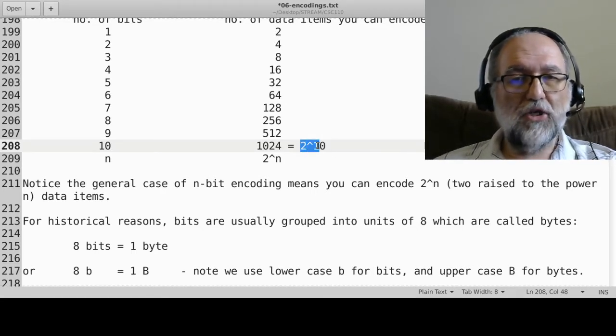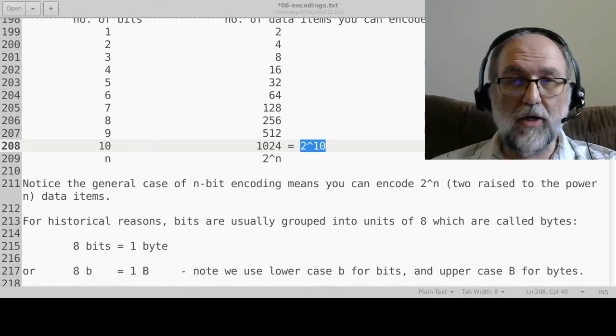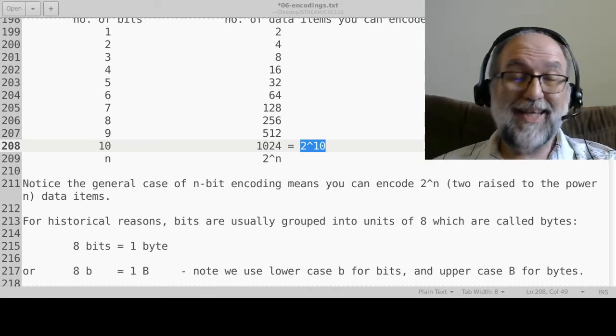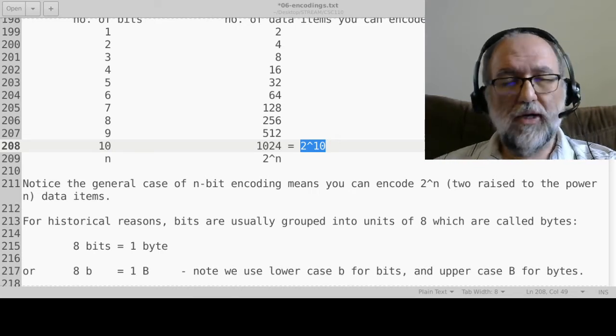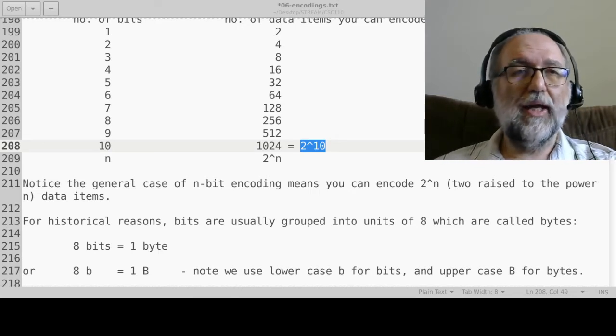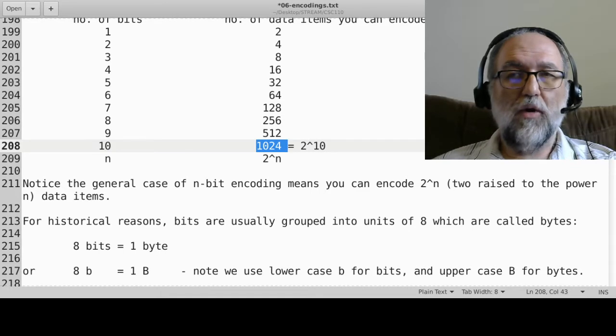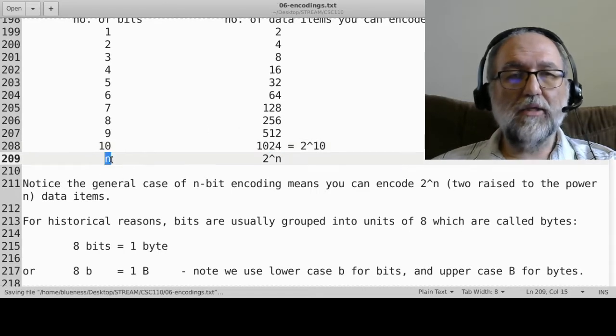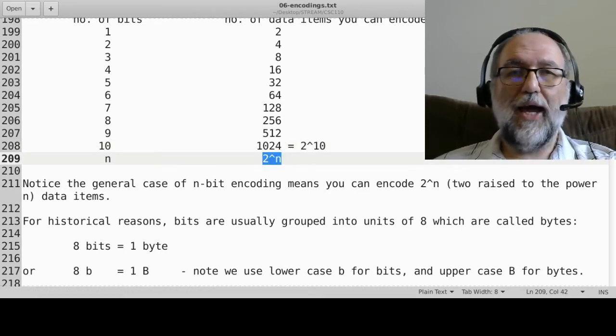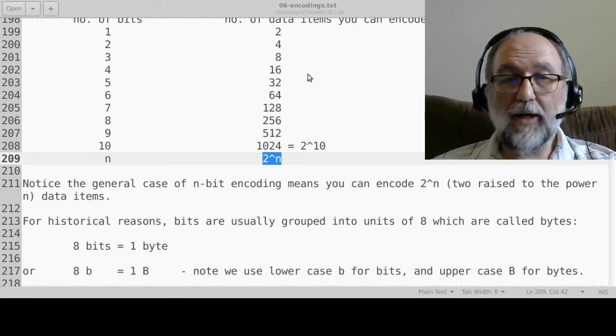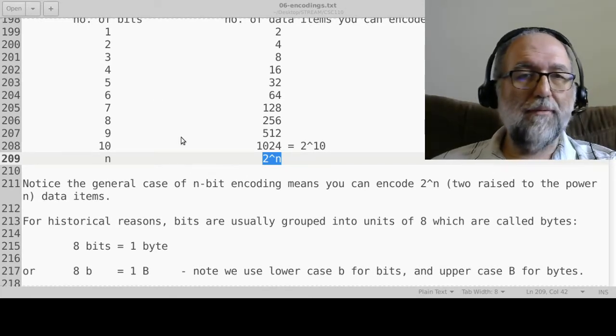Make sure you know how to do exponentiation on your calculator. If you take 2 and multiply it by itself 10 times, so 2 times 2 times 2 times 2, 10 times, you're going to get 1024. So with n bits, you can encode 2 to the n data items.